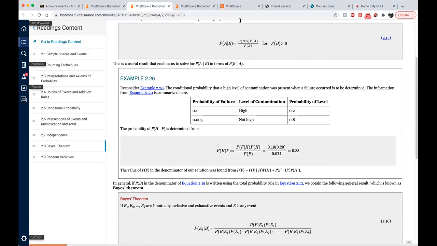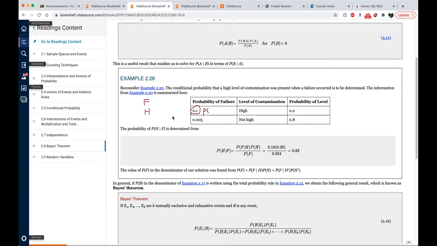Here F is the failure, and H means the level of contamination is high.